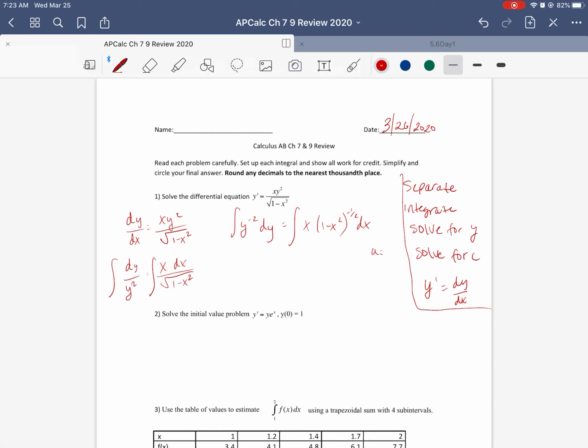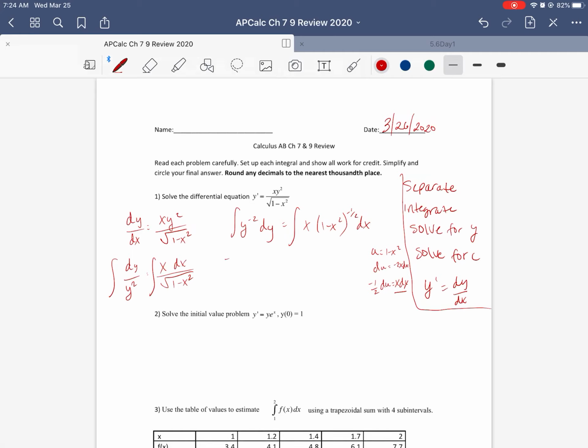So if I call u 1 minus x squared, then du is negative 2x dx. So the only thing I don't want is the negative 2. So that's what I needed, x and the dx.